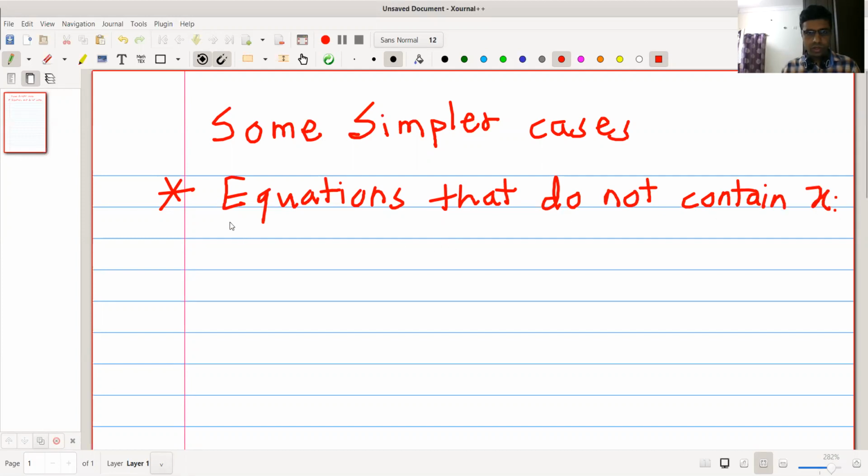So explicitly you will not find x in that equation.